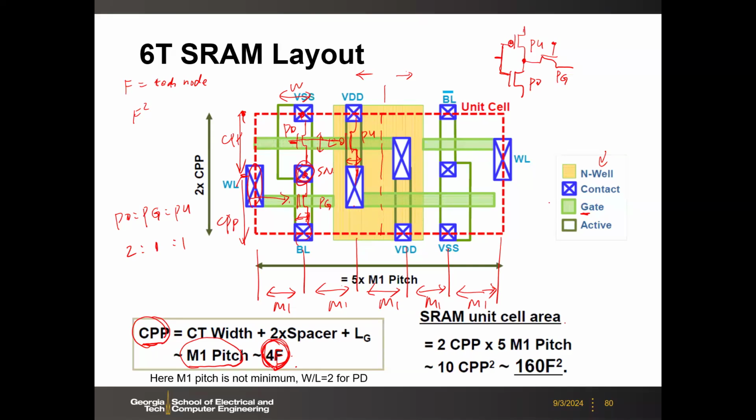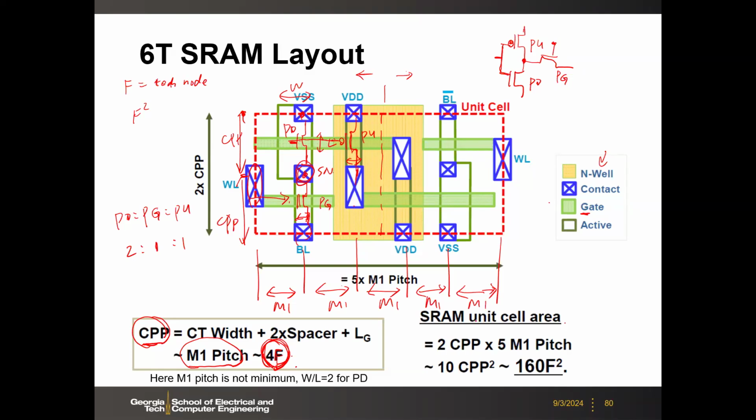I mean older like 65, 40, 28, 22, around that, okay? This is generally true. It may not hold for today's advanced latest technology node because the design is very different. But in the bulk planar SRAM, like 65, 40, 28, this is good.